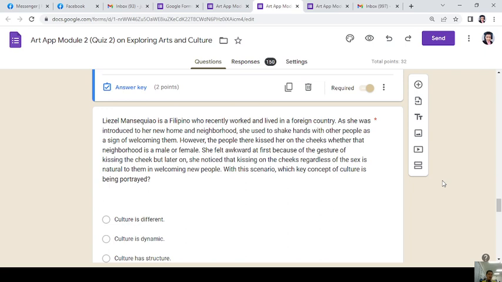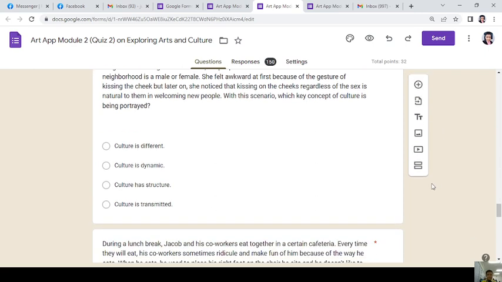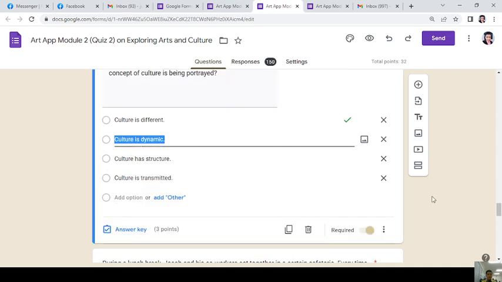She felt awkward at first because of the gesture of kissing the cheek, but later on she noticed that kissing on the cheeks, regardless of sex, is natural to them in welcoming new people. With this scenario, which key concept of culture is being portrayed? That is, culture is different.